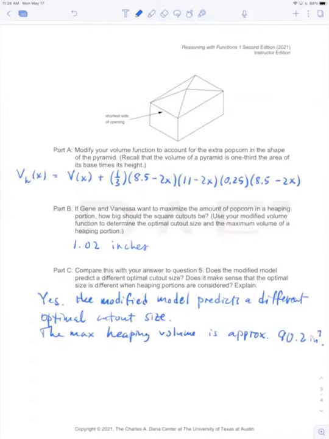And it makes sense that the boxes should be shorter, because if we think about this, a bigger opening gives more room for the heaping portion over the top of the box. So yes, the modified model predicts a different optimal cutout size, and the maximum heaping volume is approximately 90.2 cubic inches. That's the end of this video. Thank you.